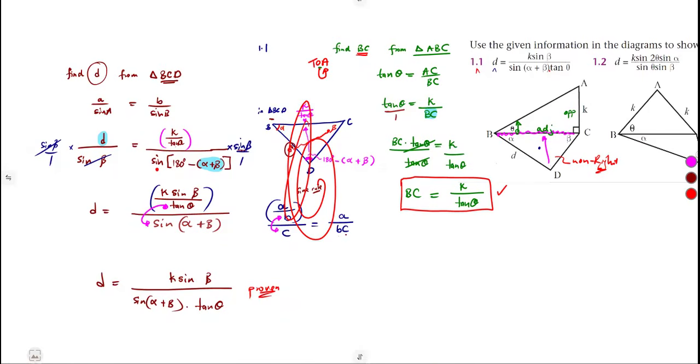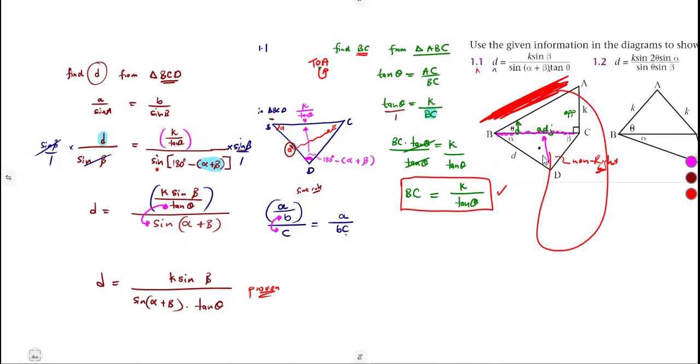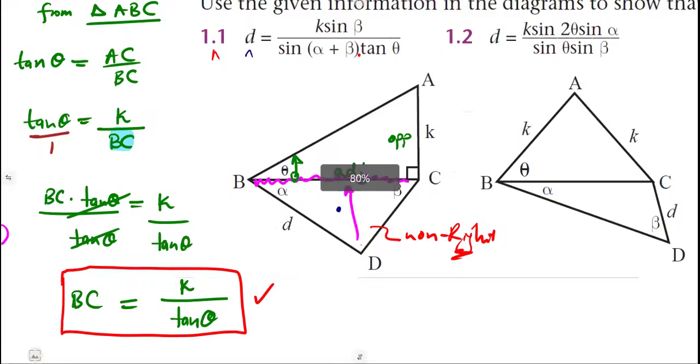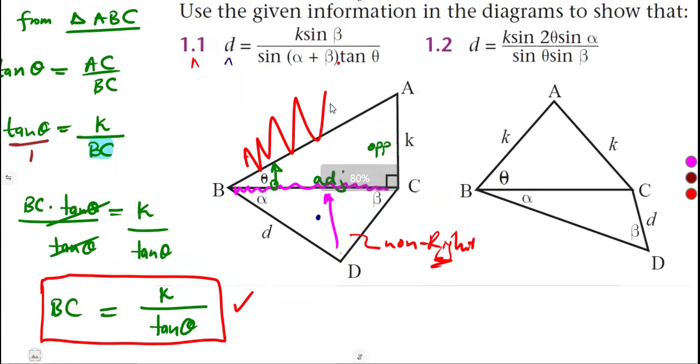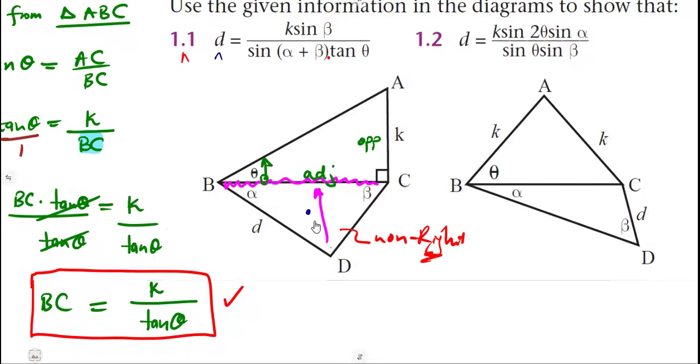There was no need in triangle ABC for us to focus on AB. There is nothing there in AB that has to do with triangle BCD. There was no need for us to even find this side. But BC as a common side can help us. So that's how we play around. All right, let's look into 1.2.